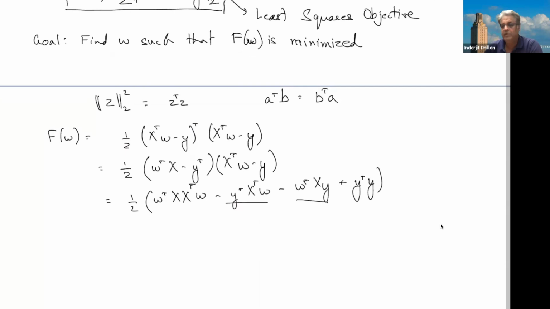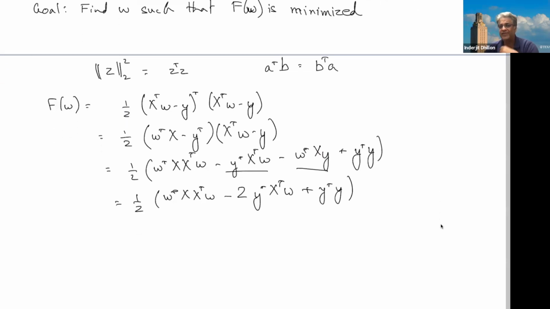I can write this as half of w transpose x x transpose w, minus 2 y transpose x transpose w, plus y transpose y. So I've just expanded it so far. I haven't taken the derivative, but that's the next step.